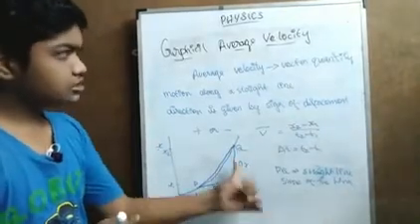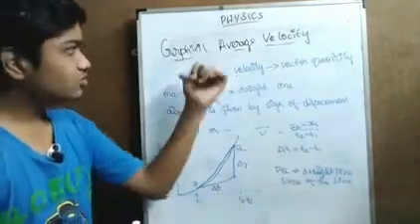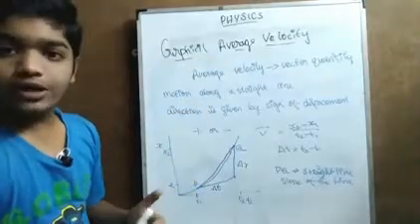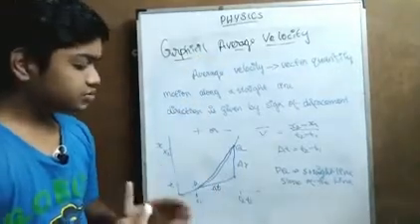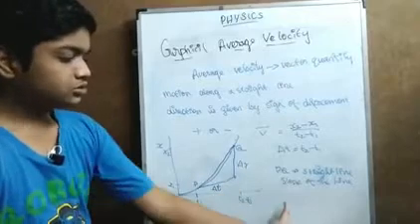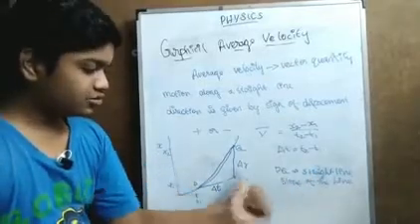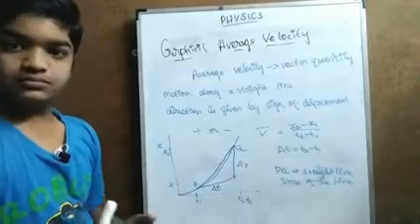So this gives the average velocity of the car or any other object in this graph. The slope of the straight line PQ gives the average velocity.